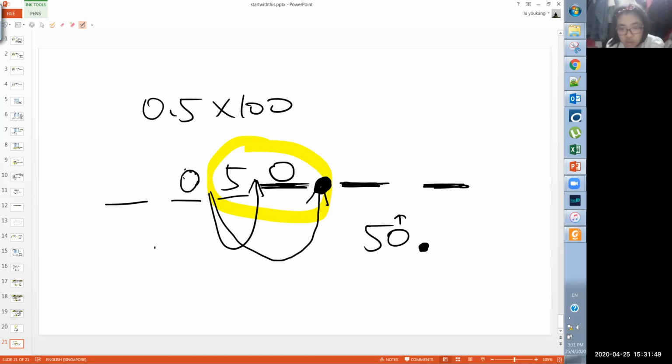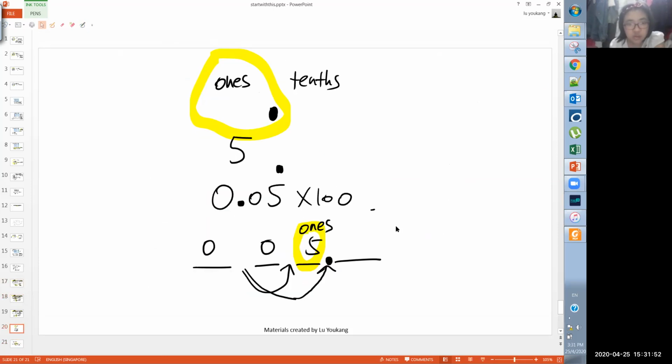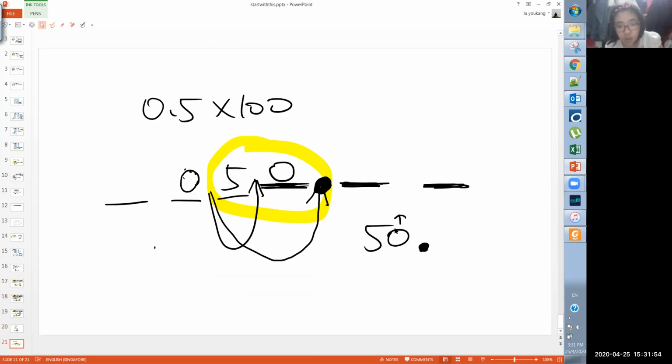What position is here? 50. What position is that?